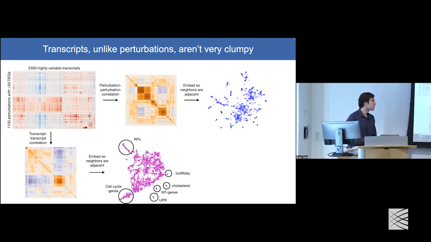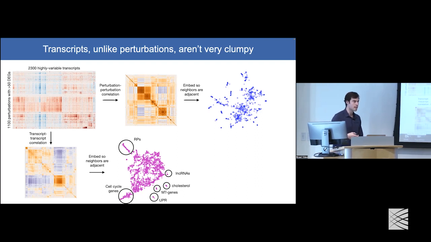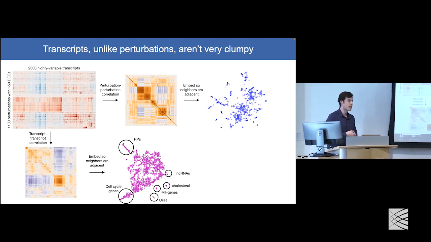If we then do this embedding, there's certainly structure, but only a couple of clusters really clearly stick out. Although these are all real and meaningful, they're not representative of most genes. Instead, there are specific subsets of genes that have specific features that make them so clumpy.